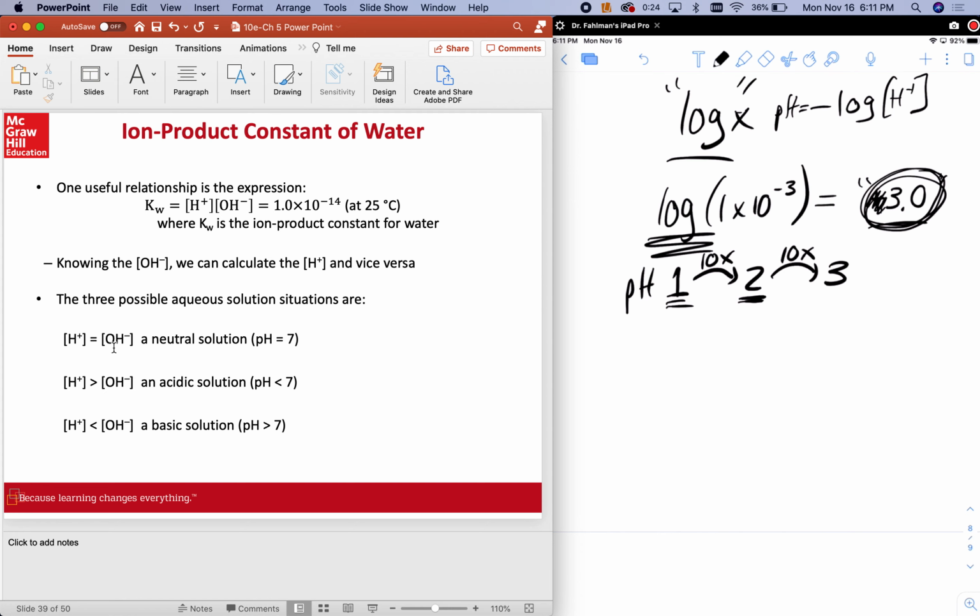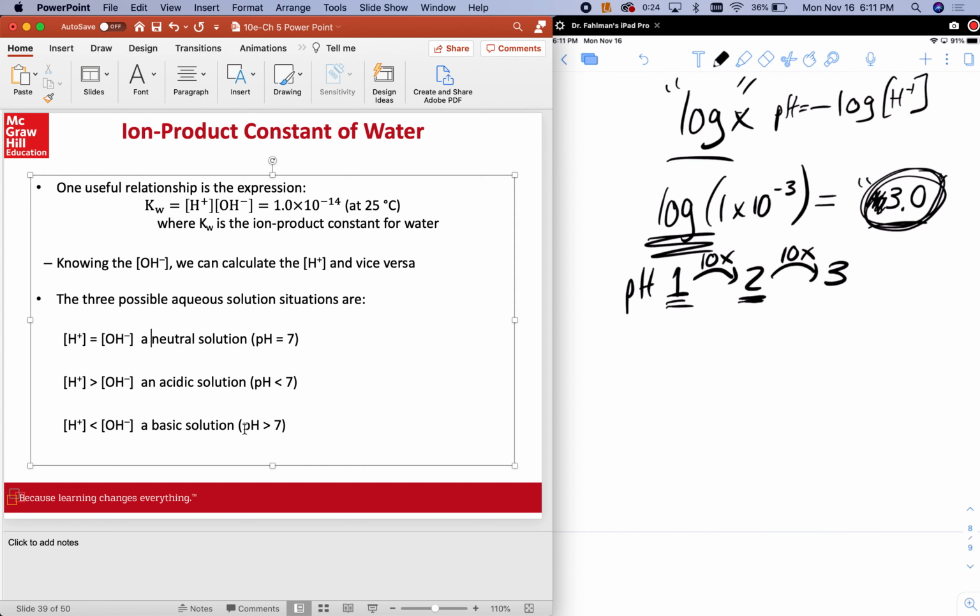In a solution where the proton concentration is equal to the hydroxide concentration, this corresponds to basicity and this is acidity, so if those concentrations are equal, you have a neutral solution, and that'll be a pH of 7. If the protons are greater in concentration, you have an acidic solution, so your pH will be less than 7. And if your hydroxide is greater in concentration, that is a basic solution, so the pH will be greater than 7.